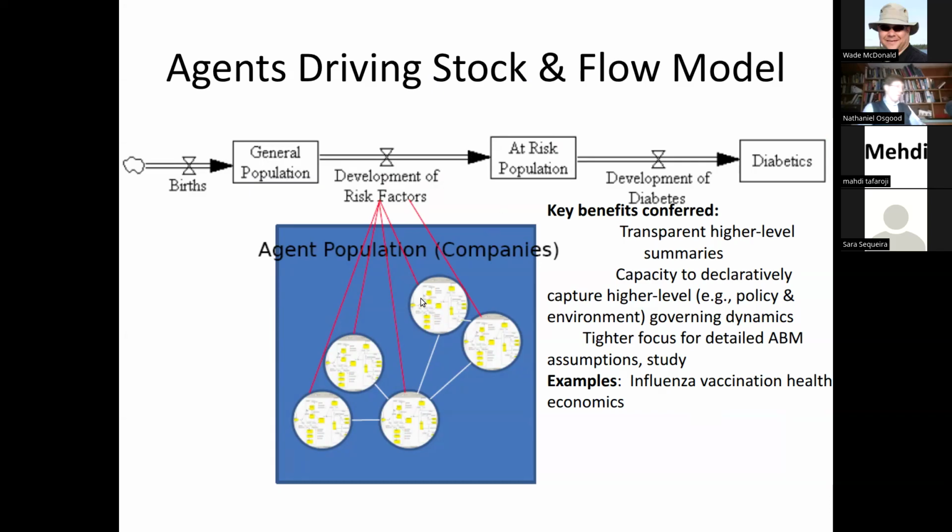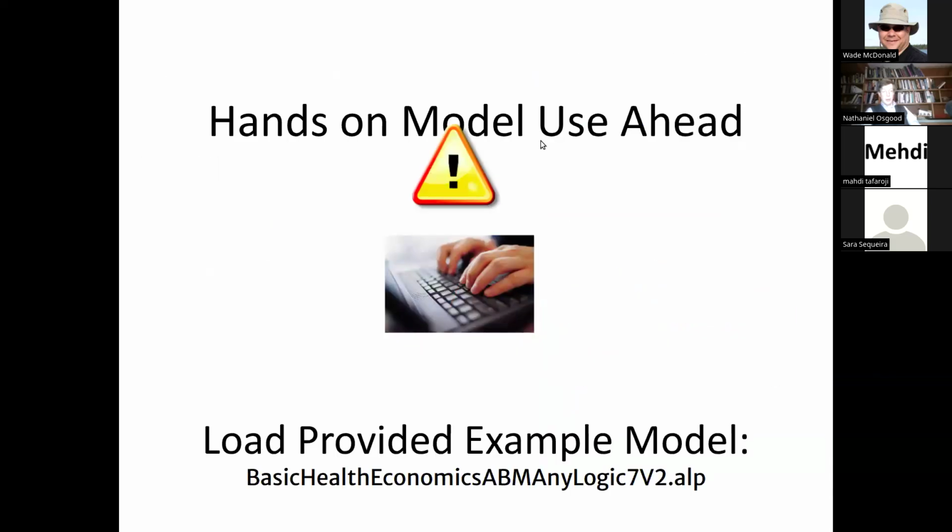We have an agent population, say tobacco companies, who pose a certain footprint on advertising and promotion of tobacco use or vaping or what have you, and sugar sweetened beverage consumption, and that can lead to flows of individuals within this population, say from a never smoker state to a current smoker state or something like that.